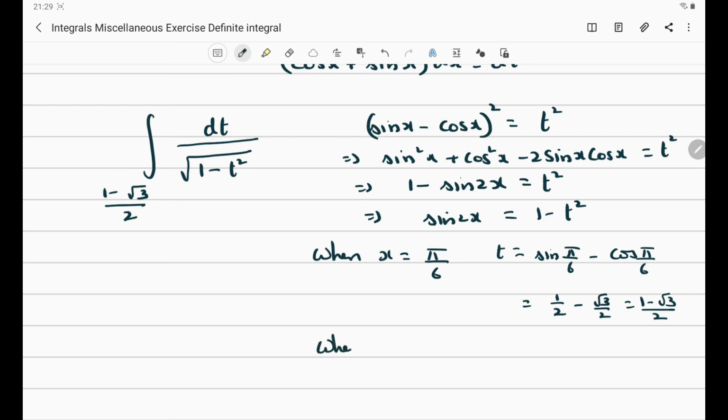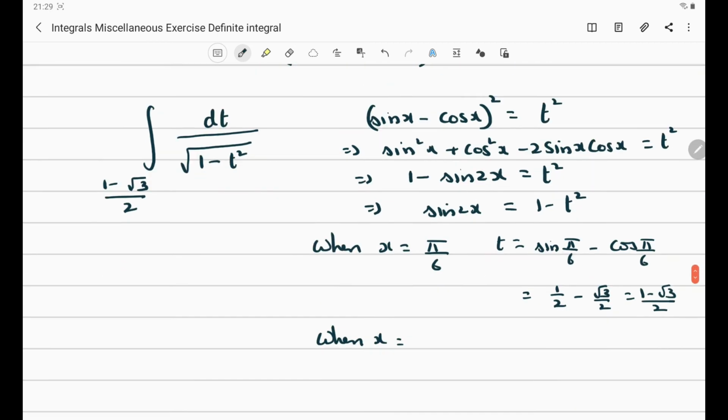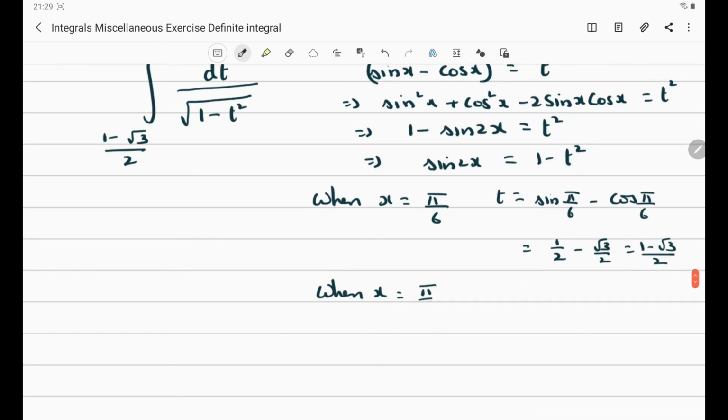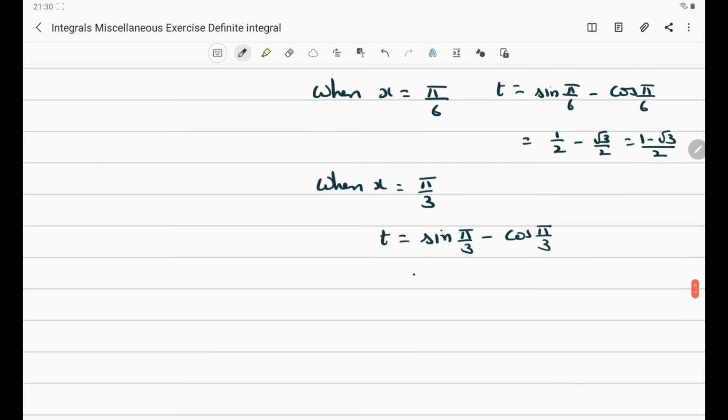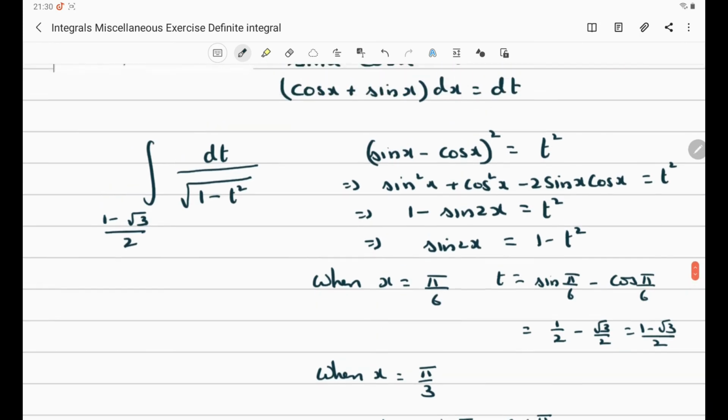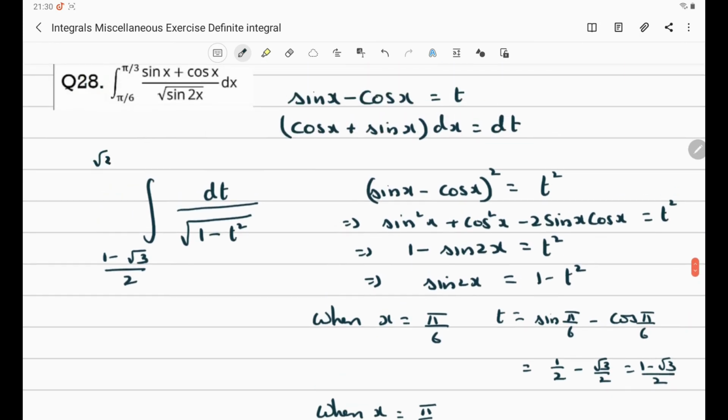When x equal to the upper limit pi by 3, t is equal to sin pi by 3 minus cos pi by 3, that is root 3 by 2 minus cos 60 is half. So that is root 3 minus 1 by 2. So we can write the upper limit as root 3 minus 1 by 2.